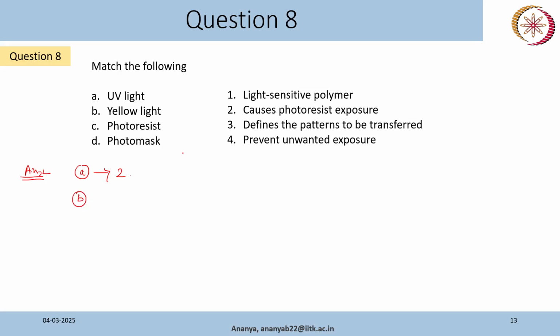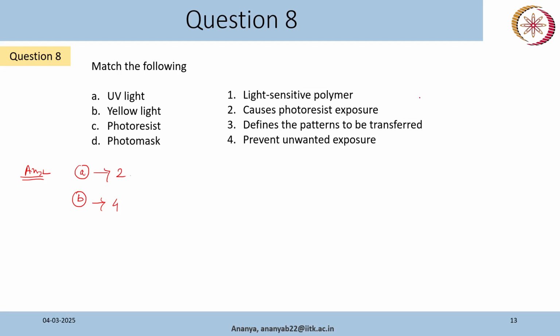B, yellow light. Why is yellow light used in the litho room? That is to prevent unwanted exposure. Remember that UV light changes the photoresist properties, but the lower wavelengths in white light also do.